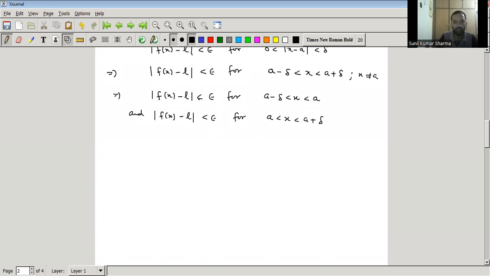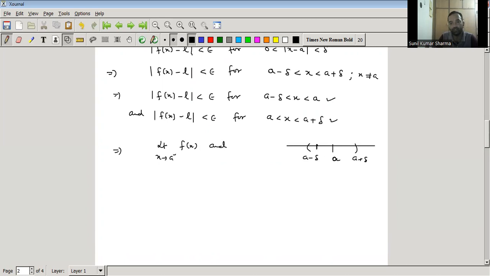So it means the left hand limit exists as well as the right hand limit. This implies the limit as x goes to a negative of f(x): this is my interval, this is my a, this is a minus delta, this is a plus delta.